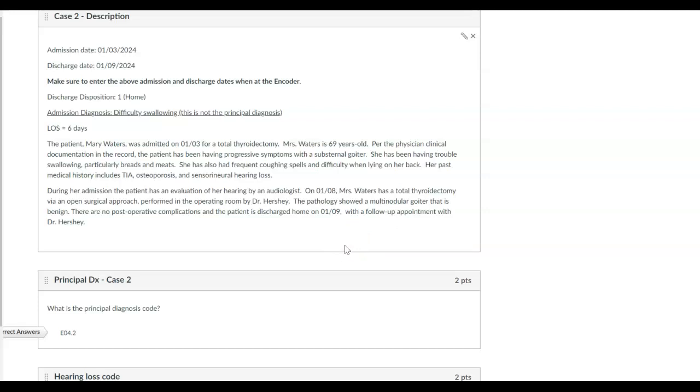Her past medical history includes a TIA, osteoporosis, sensorineural hearing loss. During the admission, her evaluation was tested. She has a total thyroidectomy, open surgical approach, and the pathology showed a multinodular goiter that is benign.